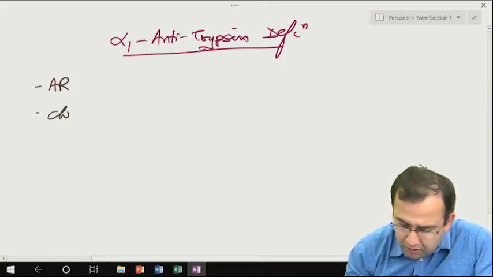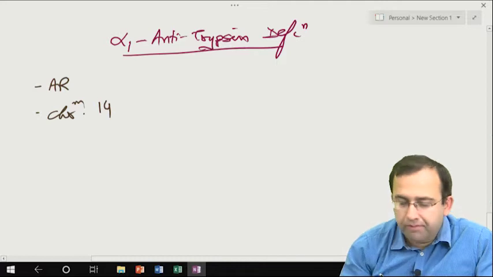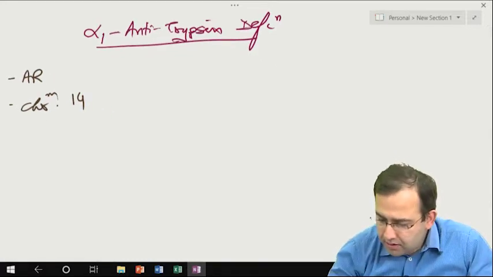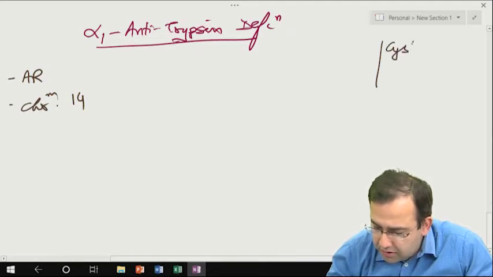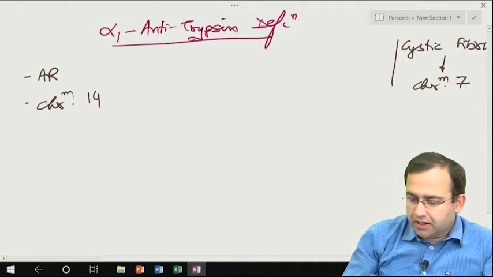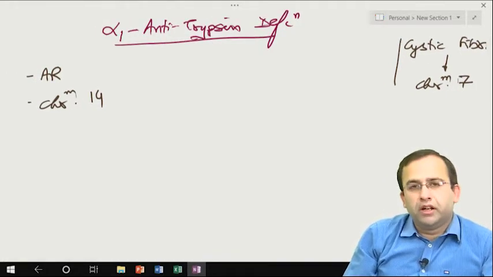Present on chromosome 14. Very commonly asked: cystic fibrosis, chromosome 7. Alpha 1 antitrypsin deficiency, chromosome 14.